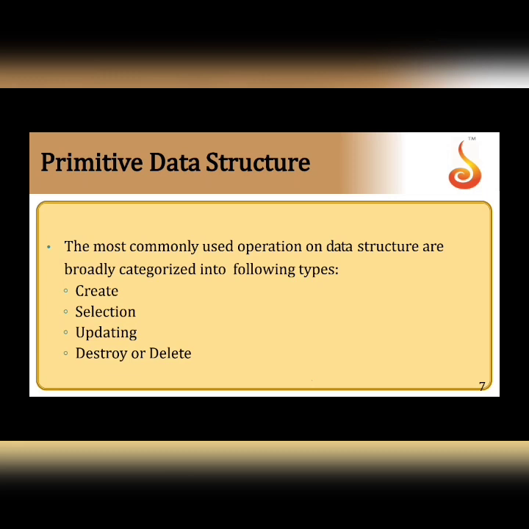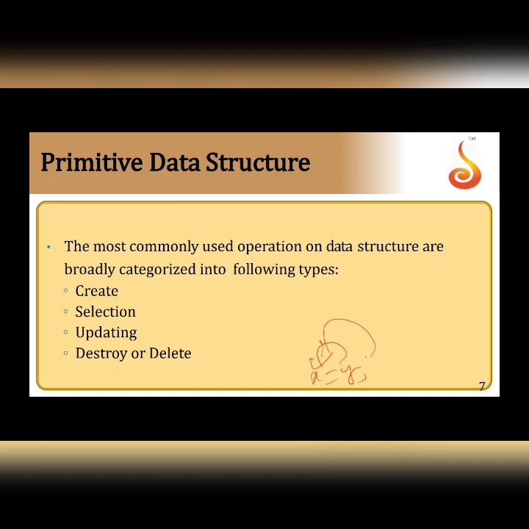So create, select, update. Update means like I can give an initial value and I can go on increasing it, decreasing it, or I can assign a variable x is equal to y also, where y has some value. So the value of y gets substituted into x.